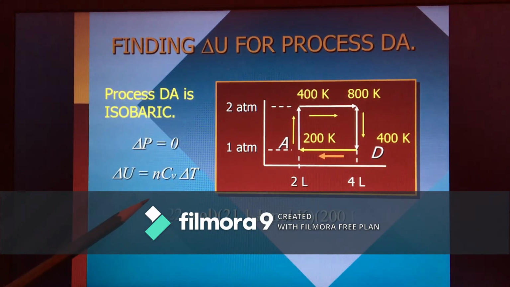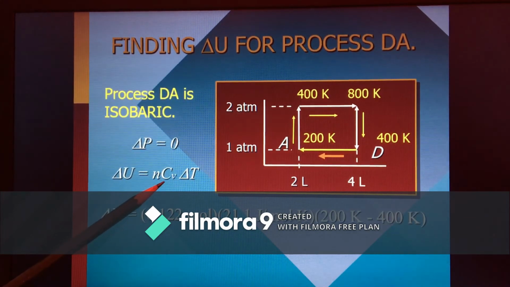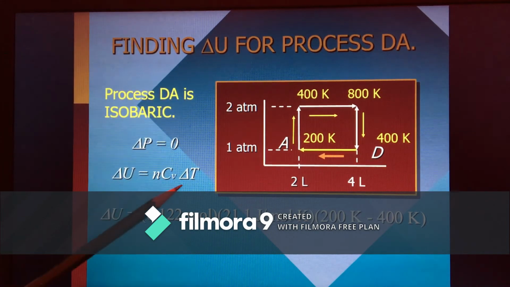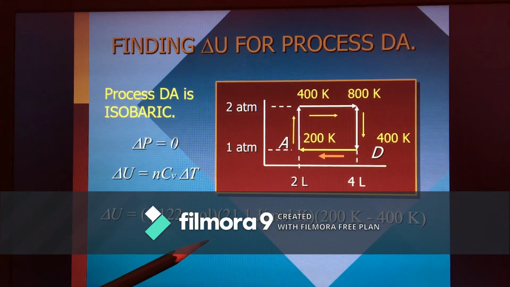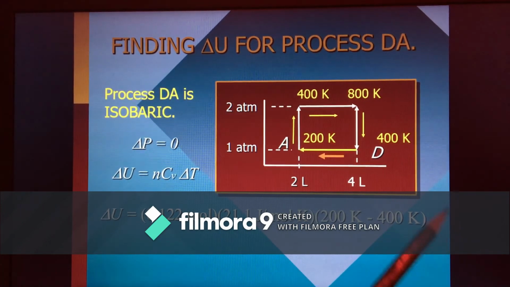Okay, so we can also have delta U equal to nCp delta T. So we can take this formula for constant pressure as well. Substituting, we have delta U equal to 0.122 mole times 21.1 joules per mole degree Kelvin times the difference.